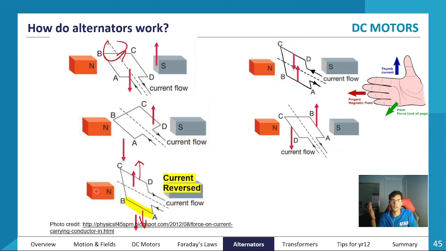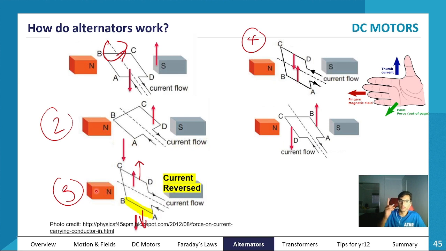And so to overcome this, when we get to this point, position 2, the motor will continue spinning. It'll get to here, point 3, and the momentum of the coil will force it to go to position 4. So it will continue to spin. But there's one thing we have to keep in mind, and it's that the current is reversed.